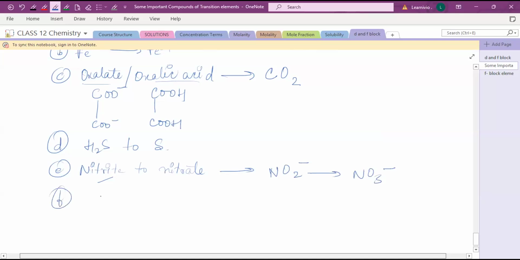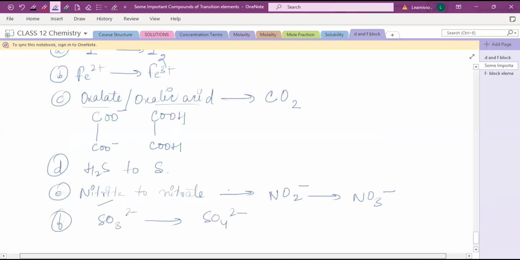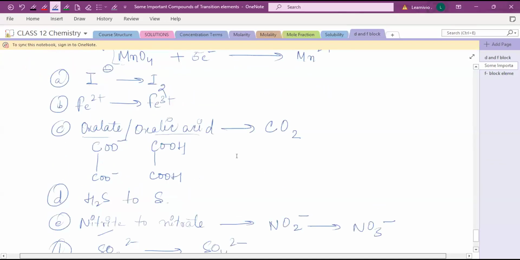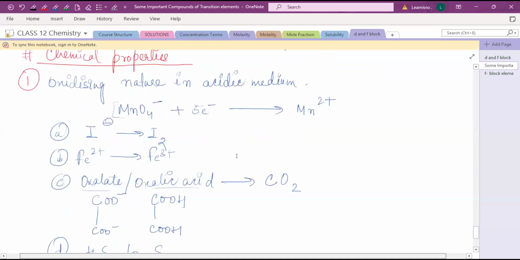One more thing, it will convert the sulfite ion to sulfate, SO3 2 minus to SO4 2 minus. So these are some chemical properties of potassium permanganate, and you know the trick for writing the redox reaction, so you can easily write it down.